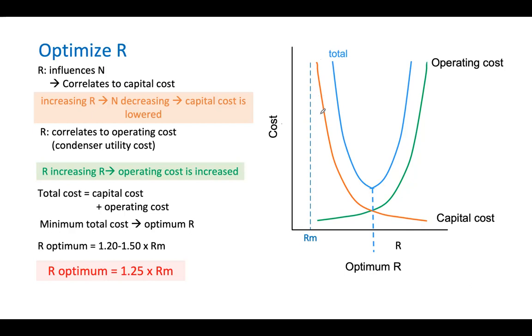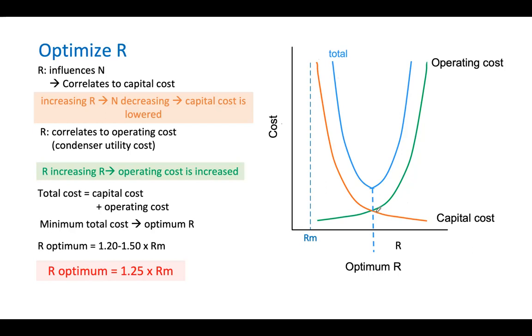When the distillation tower has fewer stages, your capital cost is decreasing, which is a good thing. You don't want much capital cost, of course. If you can go as low as possible, that's very good.